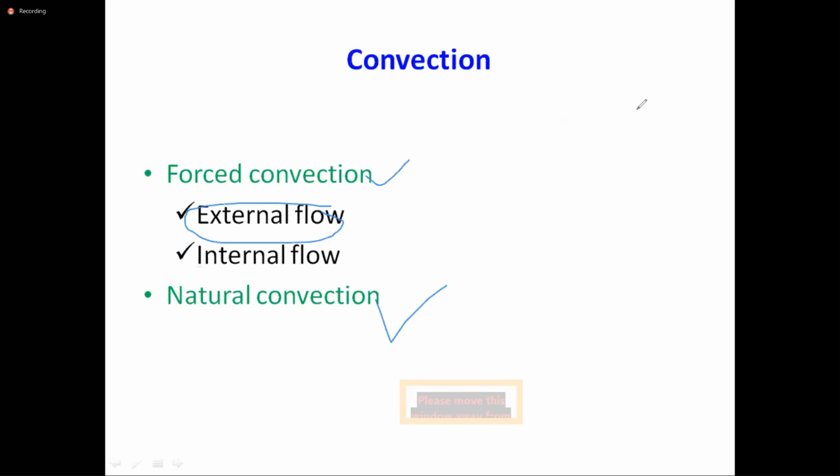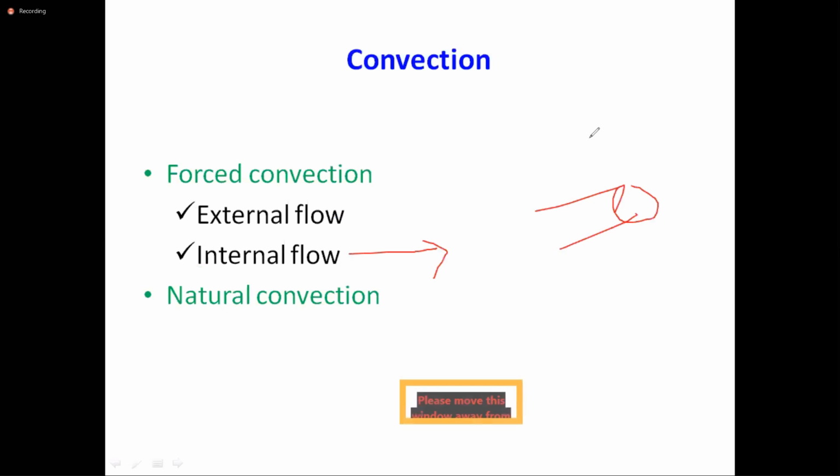Next, coming to internal flow, for example, it is a pipe or a duct. If it is a duct, the equivalent diameter needs to be calculated for calculating the Reynolds number. For a non-circular object the Reynolds number is different, and for a normal flat surface that is different. We'll discuss that while doing analysis.